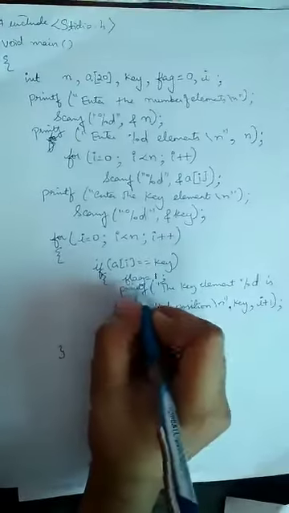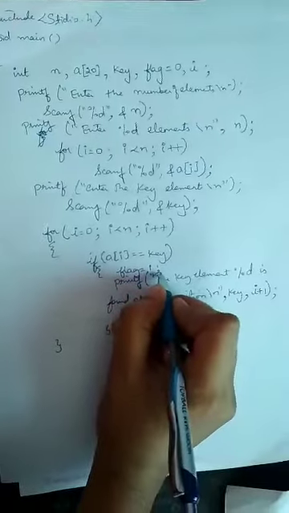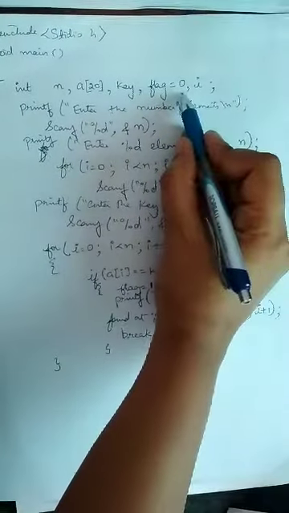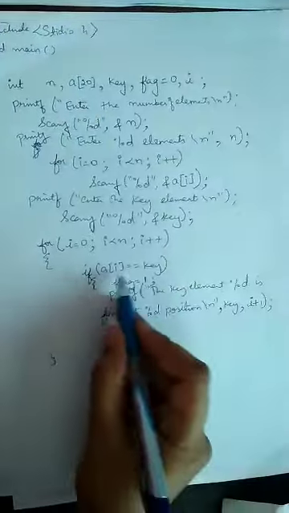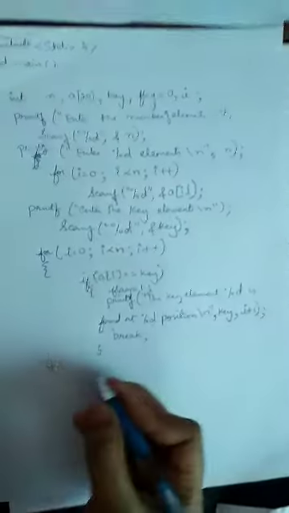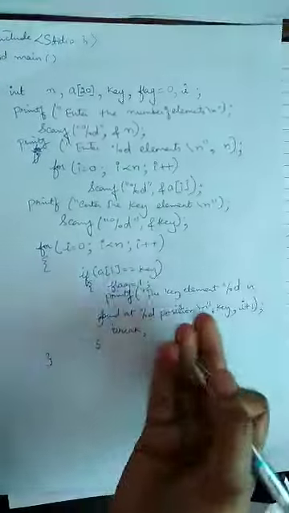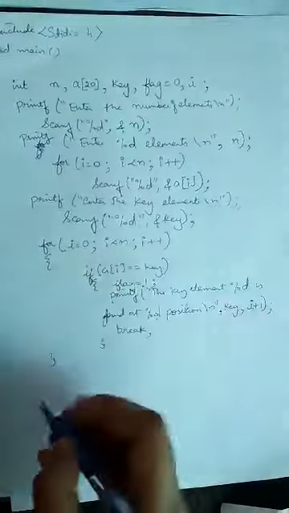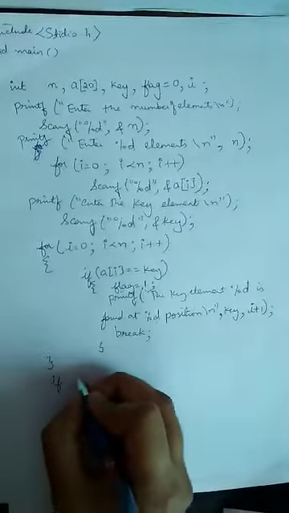Initially the flag is set to 0. In case the key element is found, it will be set to 1. In case the key element is not found, it will traverse throughout the for loop and come out, and we can write one more condition here.